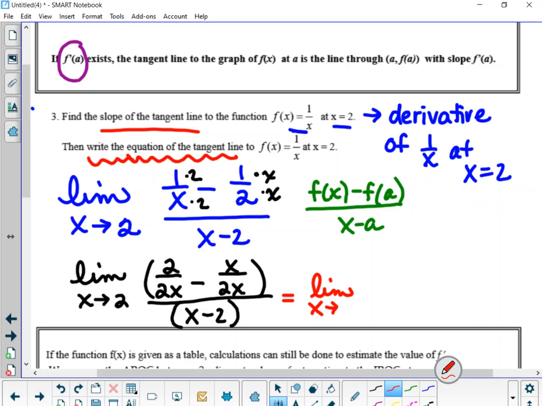So if I put those two fractions together, it's 2 minus x all divided by 2x, and then all divided by x minus 2.